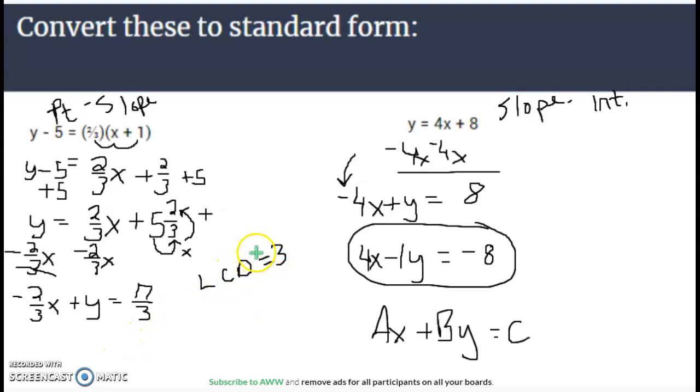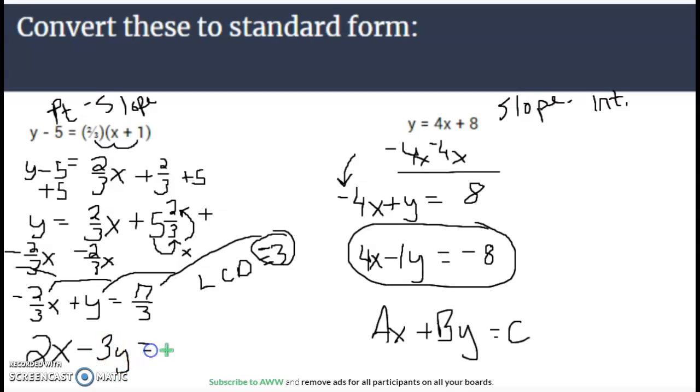Instead of multiplying everything by 3, I'm going to make it a negative 3. And that will get rid of the negative 2/3. We take this negative 3 and multiply it to each item. And look what we have. Positive 2x, negative 3y, and a negative 17. And now I am in standard form.